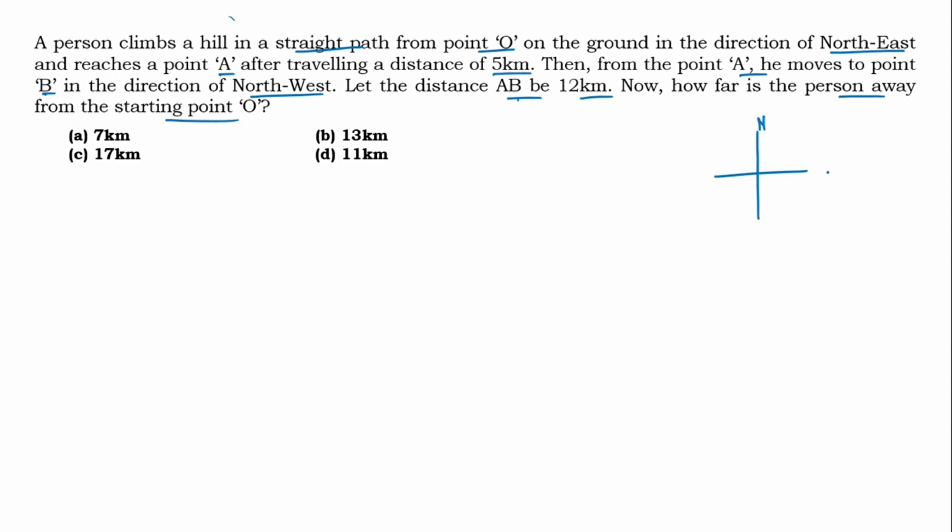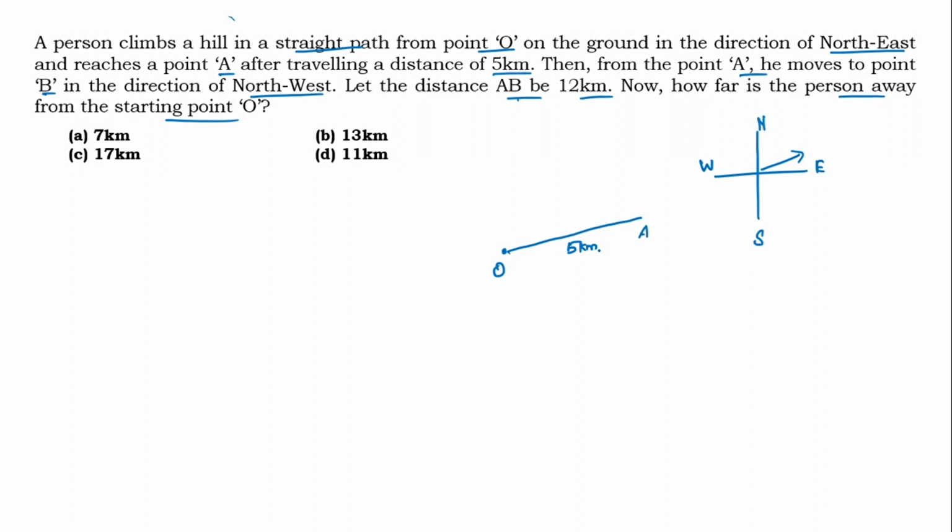Draw the direction north, east, west and south. So let us take O here. He is moving to the direction of northeast, right, northeast, and reaches the point A after traveling a distance of 5 kilometer.